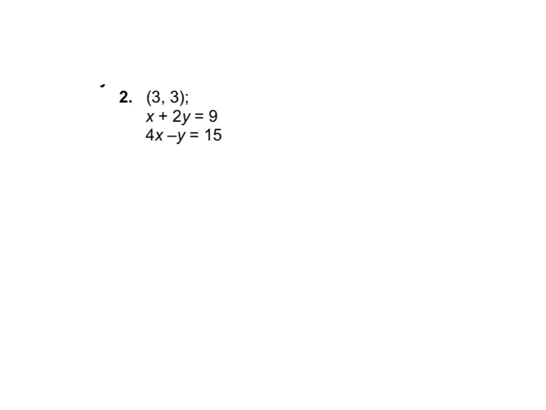All right, so we have the ordered pair (3, 3). So let's plug in x, y. Is 3 plus 2 times 3 equal to 9? 3 plus 6 is equal to 9, so that works.